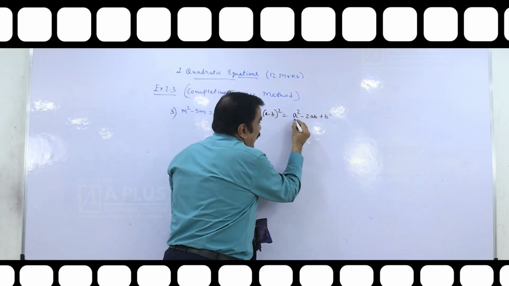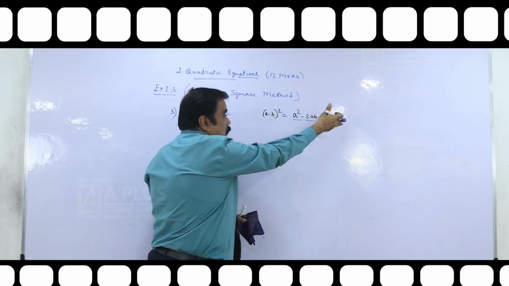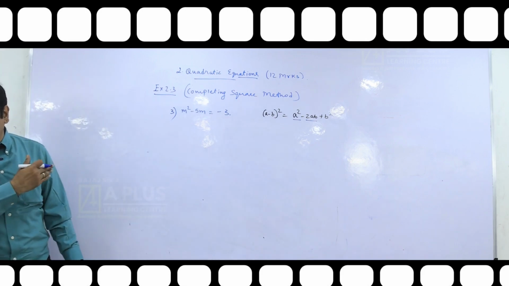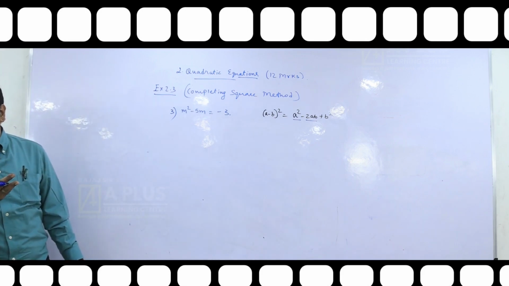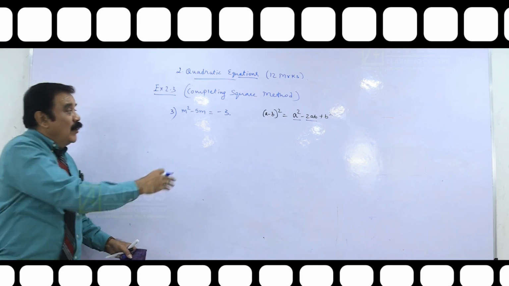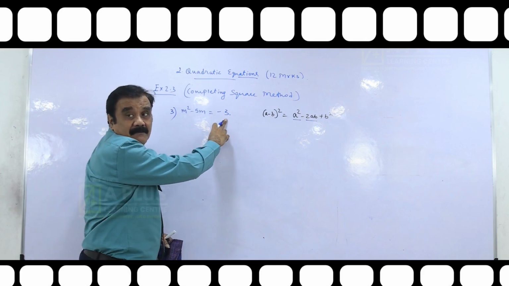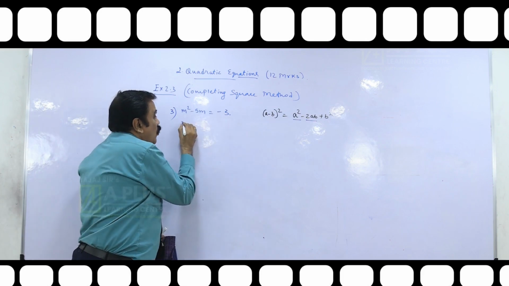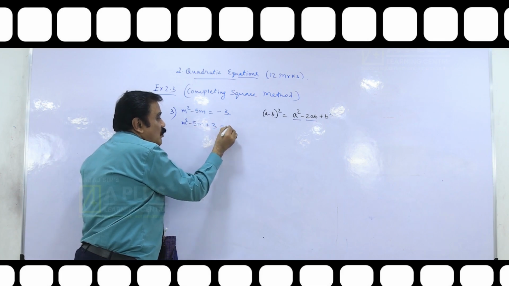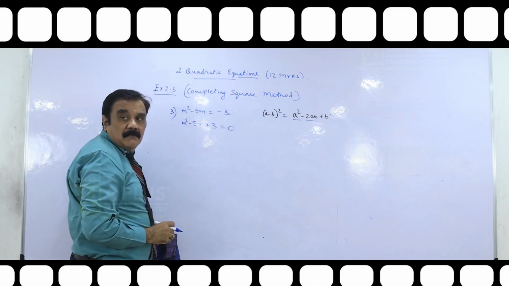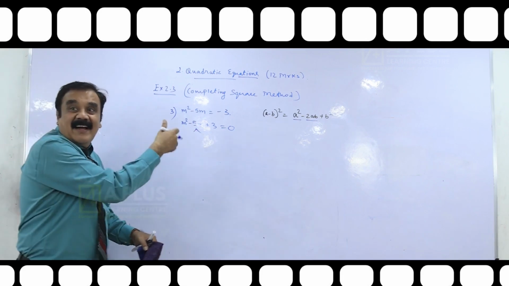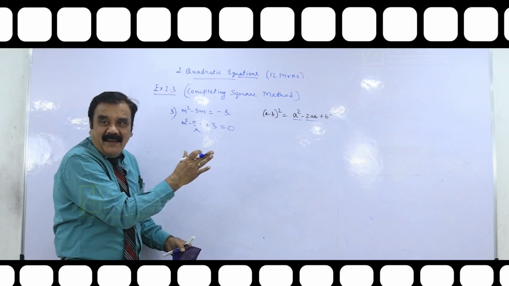Here see, a square is there, 2ab is there, b square is not there. b square दिख रहा है तुमको? नहीं दिख रहा है, वो मिसिंग है, वो अपने को स्क्वायर में डालने का. Now you might think this is the last term. Yes? So what do you think? m square minus 5m plus 3 equal to 0. Can you find the factors? नहीं मिलेगा.